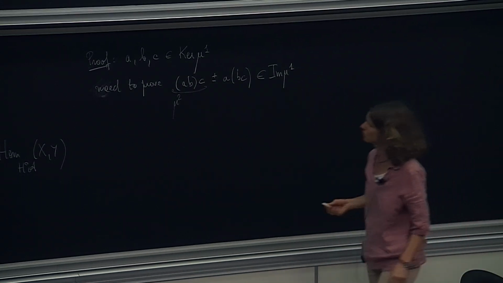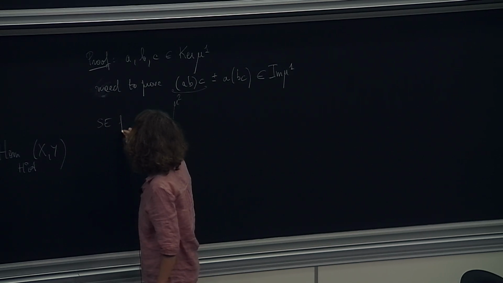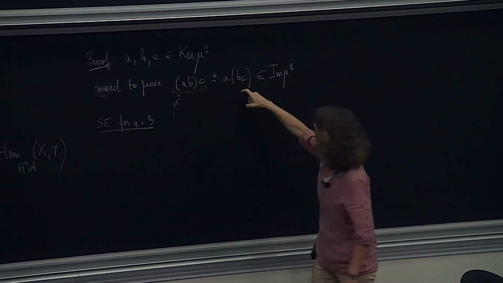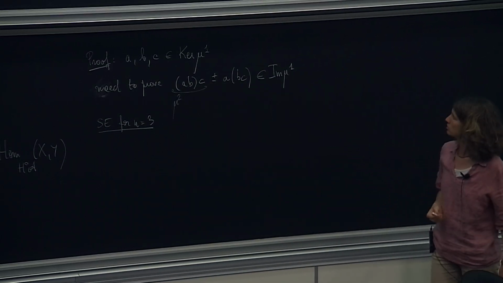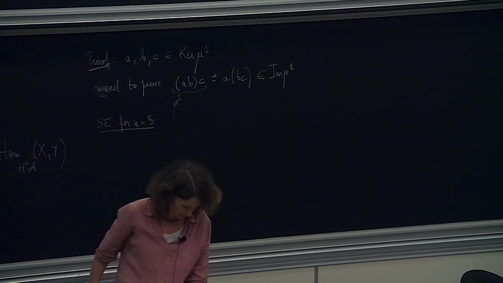This is just the Stasheff equation for n equals 3, which gives you directly the fact that this belongs to the image of mu1. So then you have this associativity.